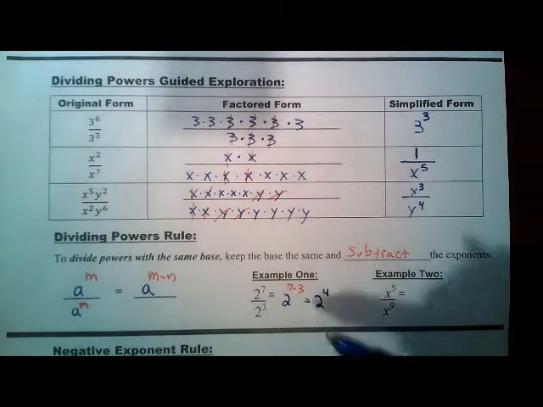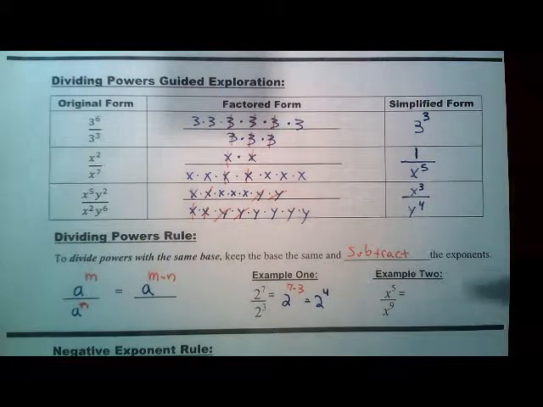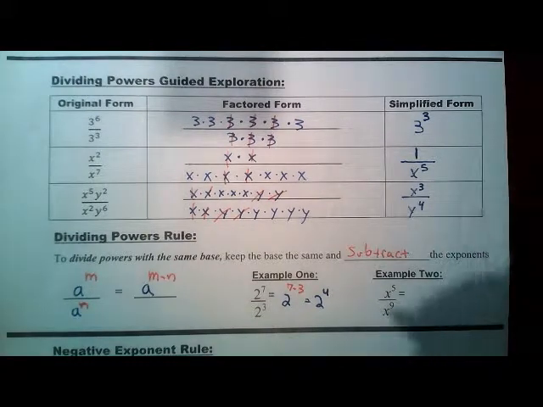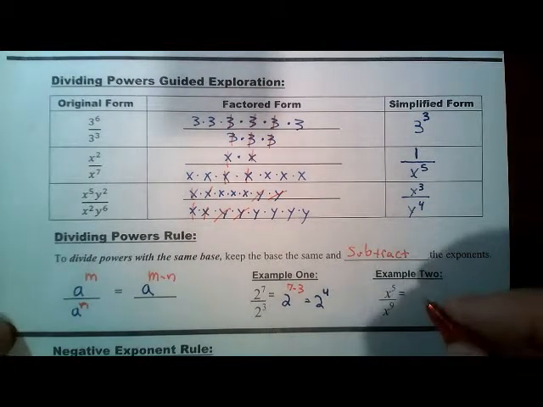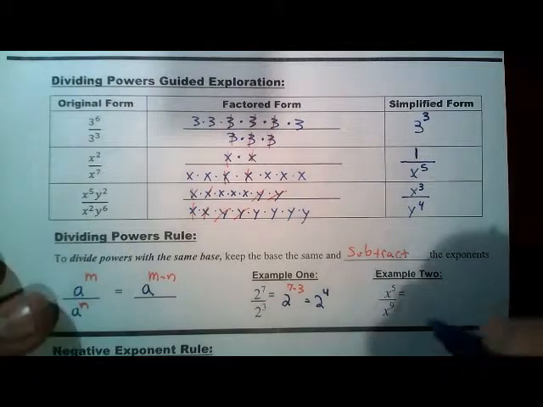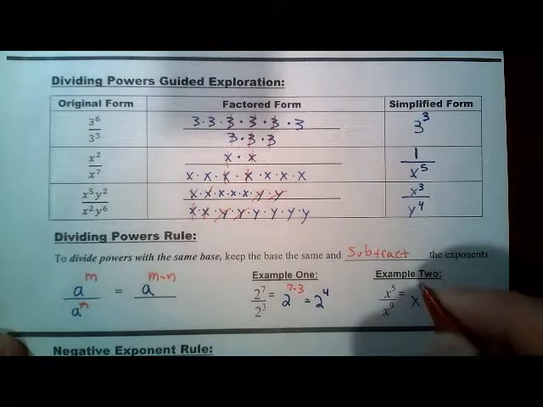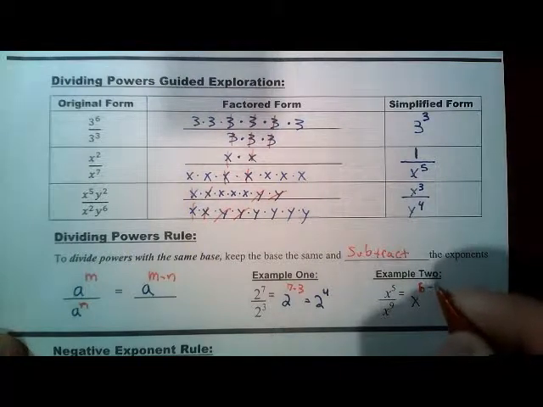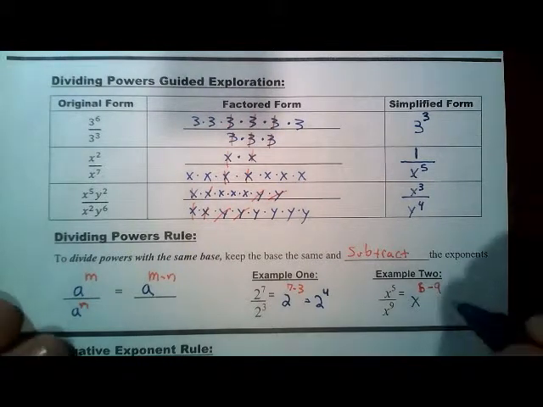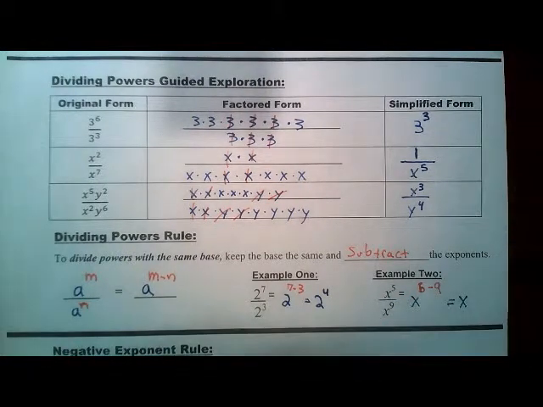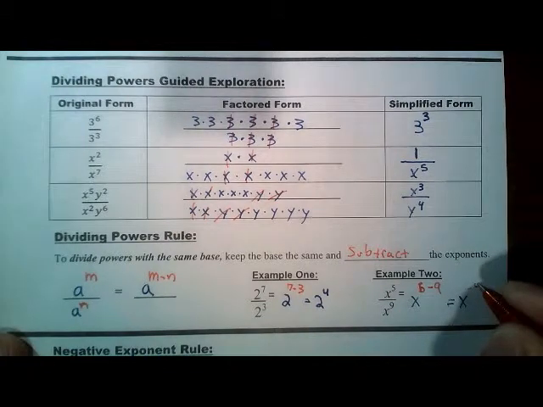And I'll let you pause, and you can do the next one here. So what you should have gotten is x to the 5 minus 9, which is then x to the negative 4.